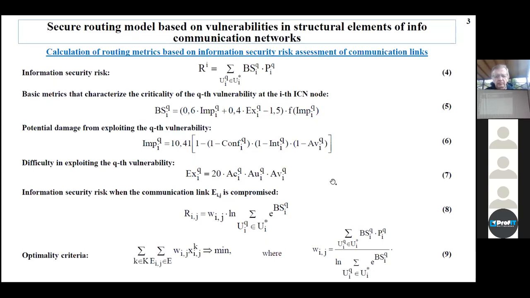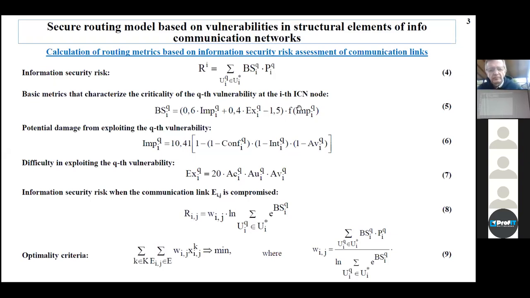The main idea is that we take into account the risk assessment of the communication link, and then calculate the information security risk based on exploiting existing vulnerabilities of the node in the network. We use the following expression according to the NIST standard, expression number 4. According to the NIST recommendation, the damage of the basic vulnerability metric of a network node, the potential damage from exploiting the vulnerability, we calculate by expressions number 5, 6, and 7.